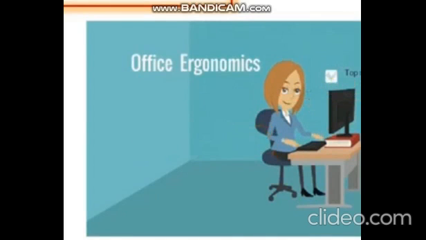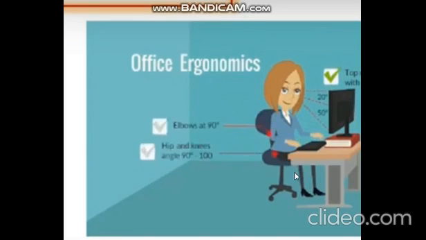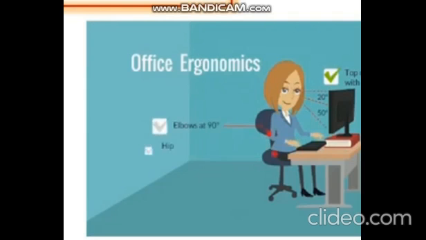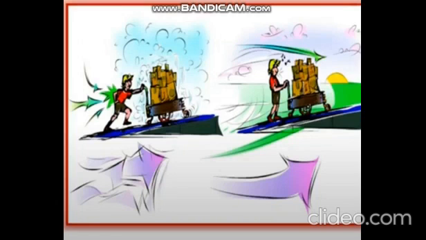Your elbows should be at 90 degrees, and the hip and the legs, the angle should be 90 degrees. This will be the office ergonomics. The top of the monitor should be in line with the eyes.